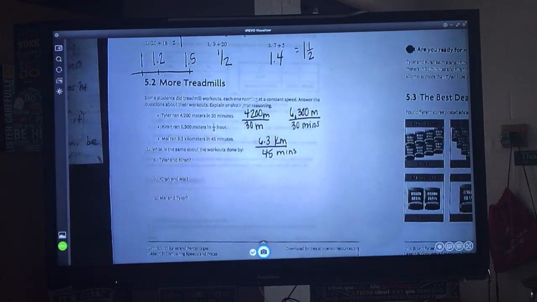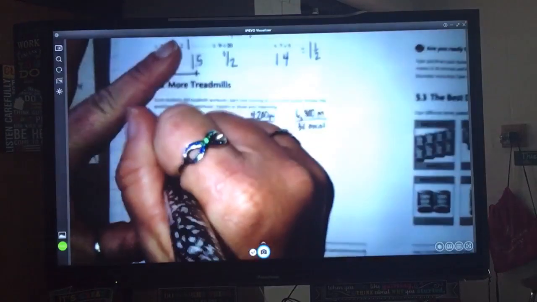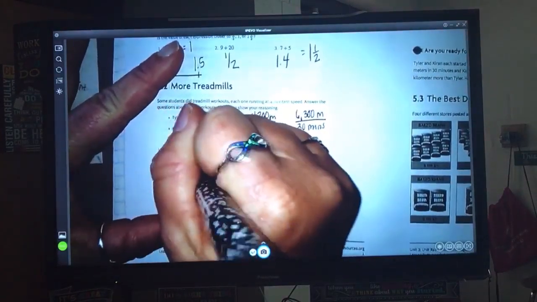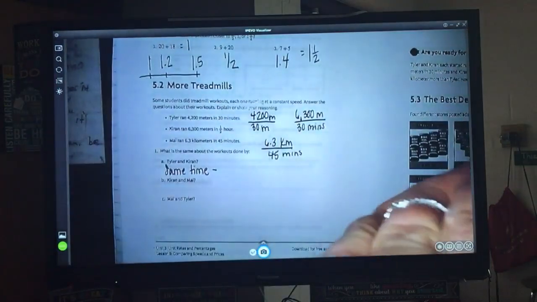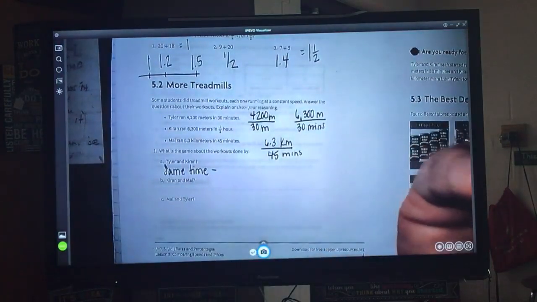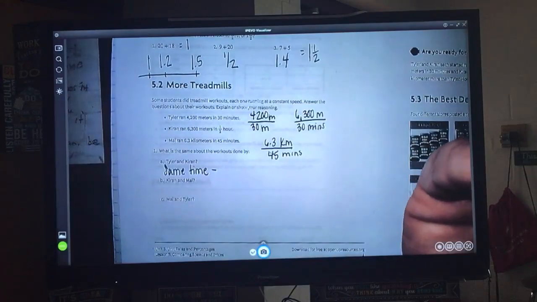All right. So what is the same about the workouts done by Tyler and Kyron? Ethan. They ran the same amount of time. Okay. So same time, and I'm writing very minimal because you guys should have your explanation here. What was the time frame that they ran? Half an hour.